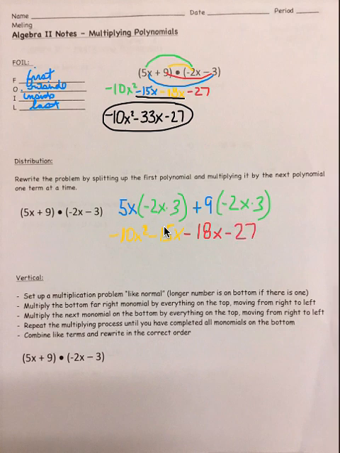And you can see the same thing happens. We combine like terms. We'll end up with negative 10x squared minus 33x minus 27. So we get the exact same answer, but with a slightly different method.